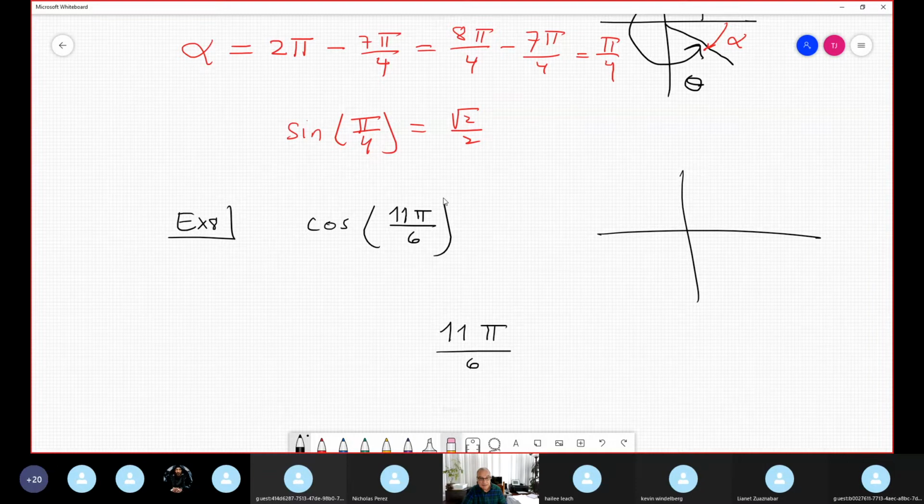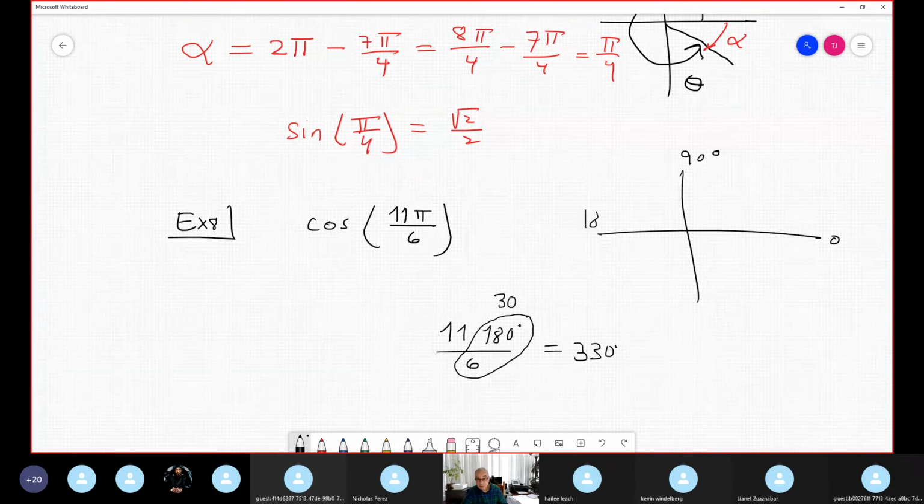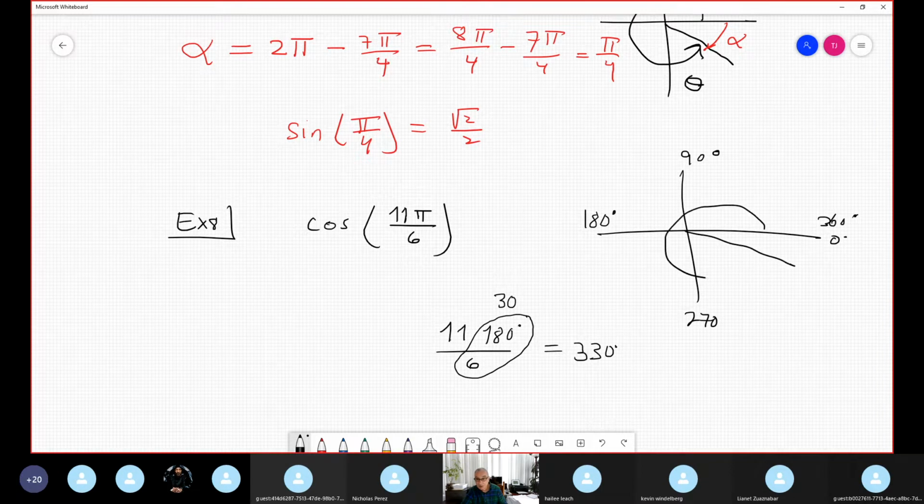The mental process is you remove the pi, and you replace it by 180. And 180 divided by 6 is 30. And 30 times 11 is 330 degrees. And remember, this is 0, this is 90, this is 180, this is 270, and this is 360. Again, repetition, one revolution. So it's obvious that our theta is 330 degrees.